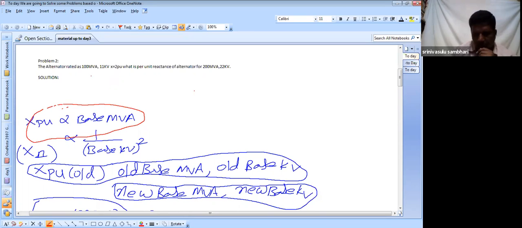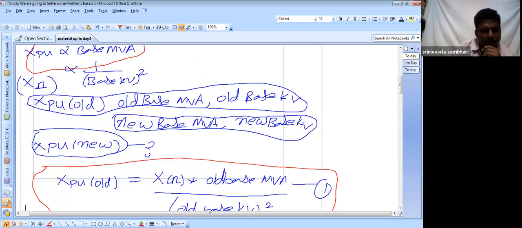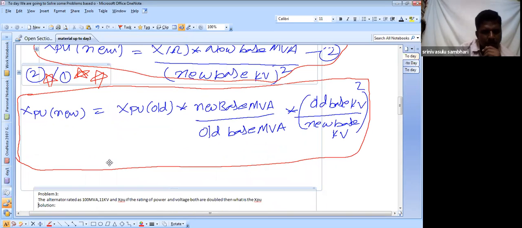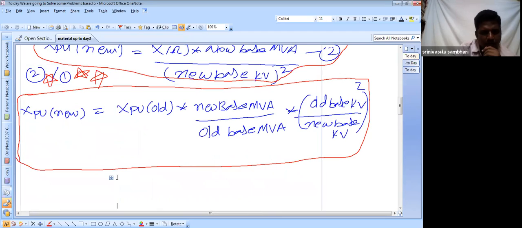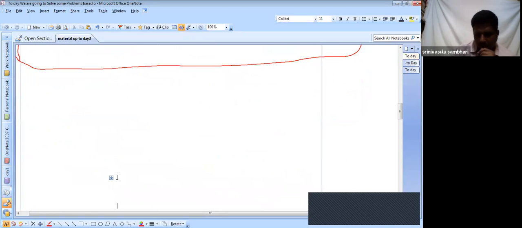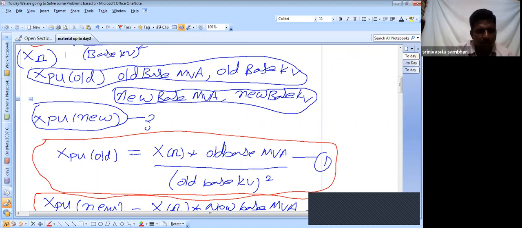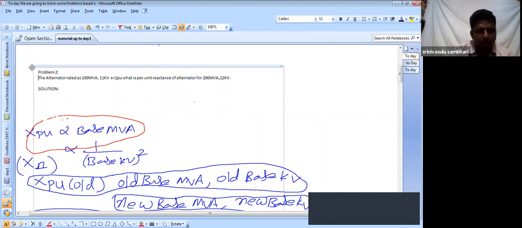Now from this we have to go into the solution. See here. What is the alternator rating given? 100 MVA, 11 kV.